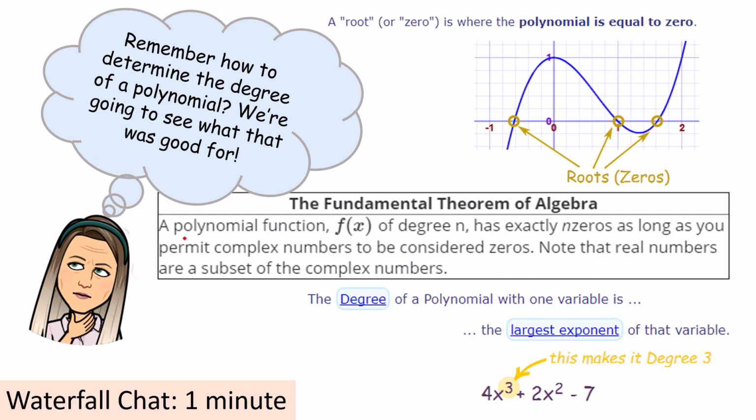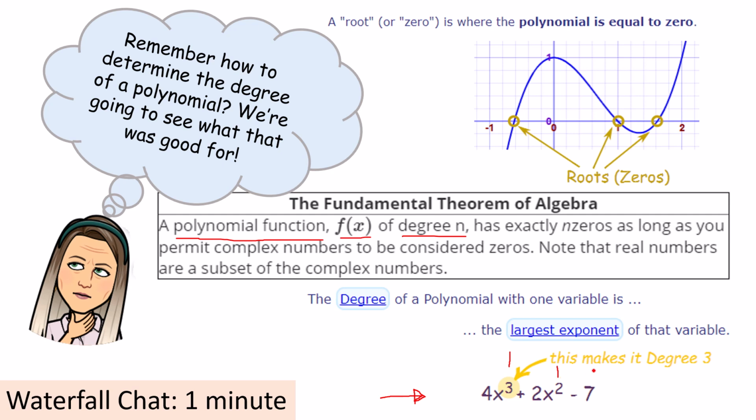If we have a polynomial function, f of x, and it's of degree n. For example, I've given you this example down here. We have a function in standard form with the highest power to the left, and then it goes down in descending order. It starts with x to the 3rd power, that's the highest power, and then x squared.